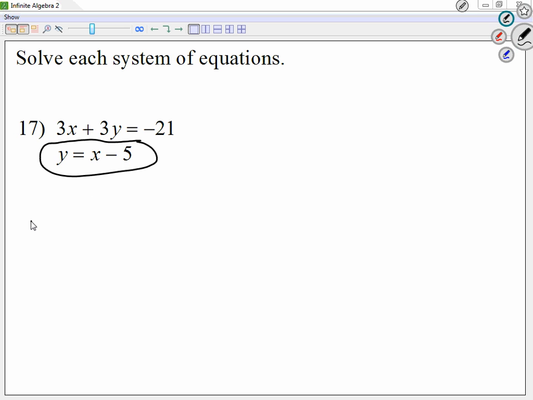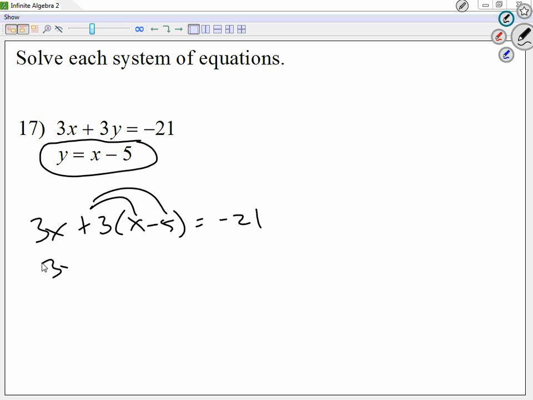So I have 3x plus 3 inside parentheses x minus 5 equals negative 21. Once again, I wanted to rewrite everything in terms of one letter. Get rid of parentheses, multiply the 3 to the inside. So we have 3x plus 3x minus 15 equals negative 21.